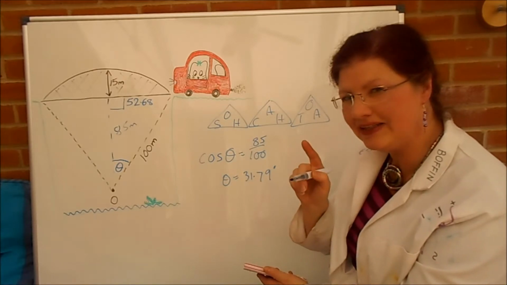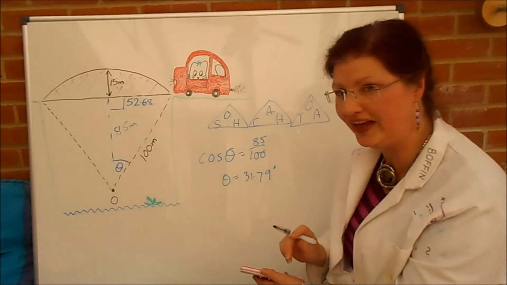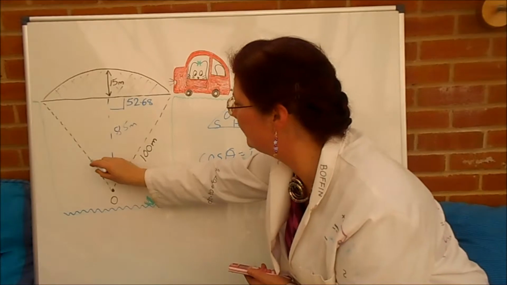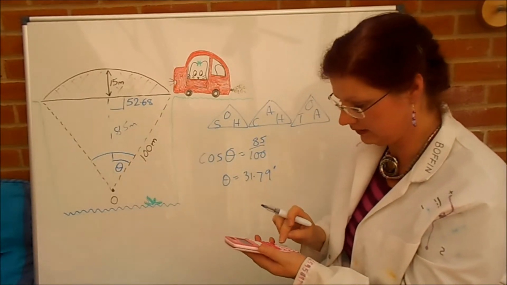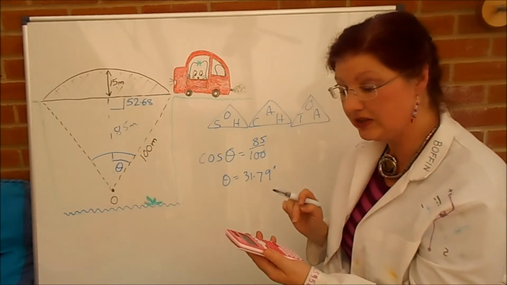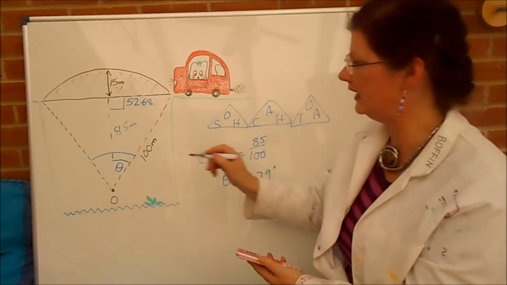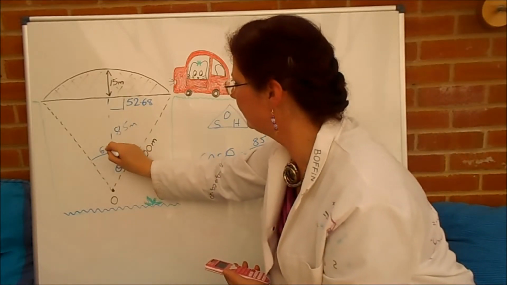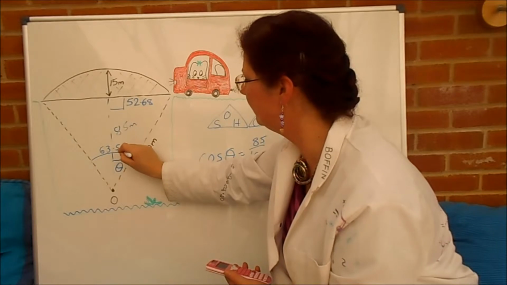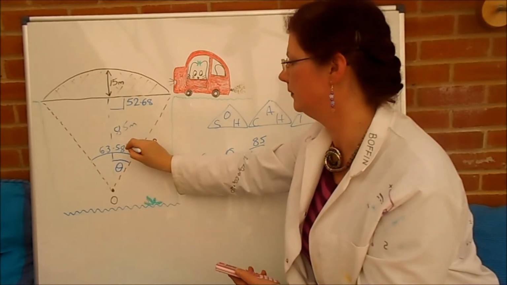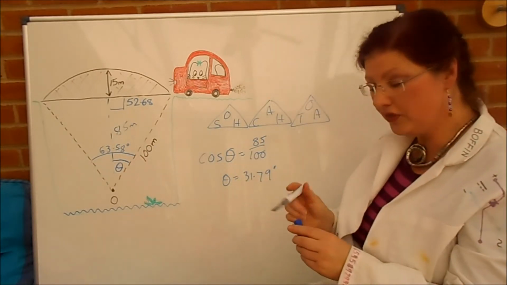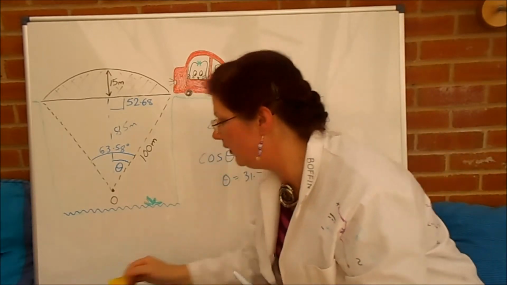Don't forget to double it, because we're going to need the whole thing over there. So that means that that whole angle there is equal to 63.58 degrees. Okay, so we've got the angle, we know what part of the circle we've got.